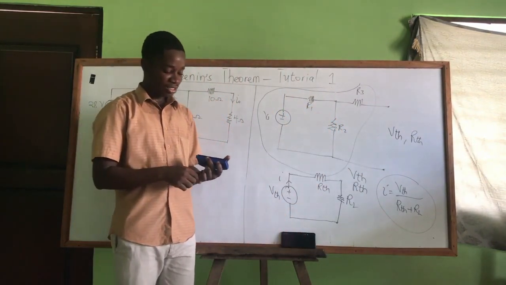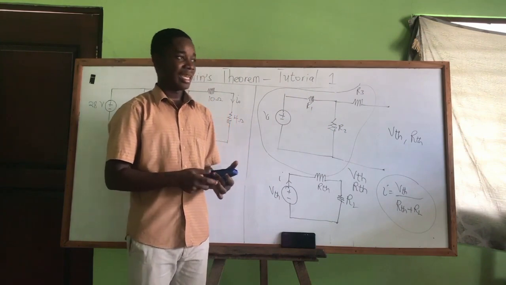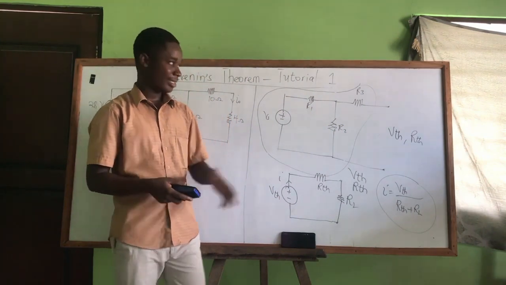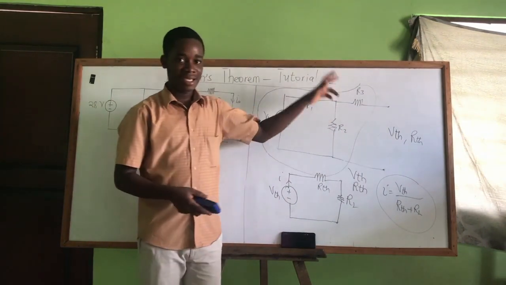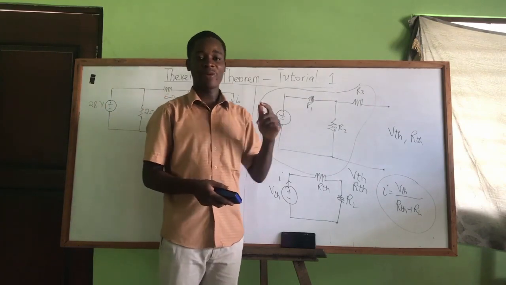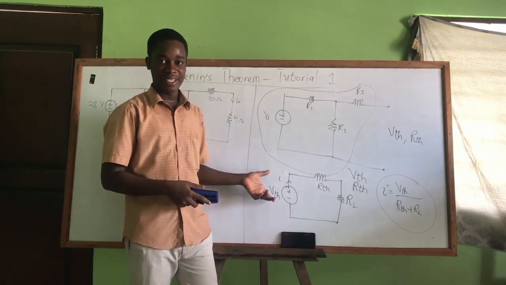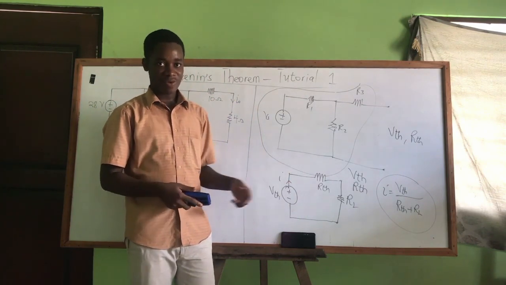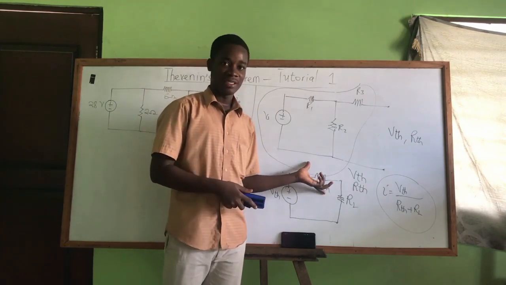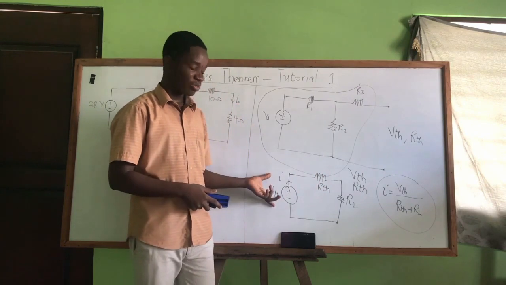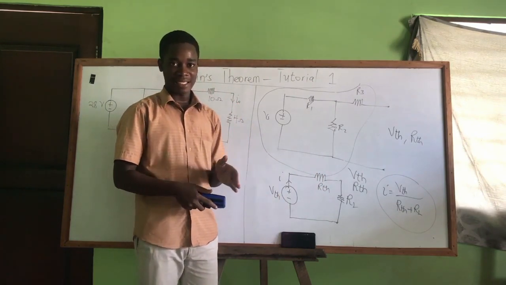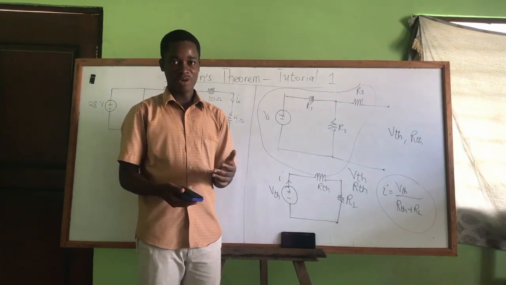Okay, so Thevenin's theorem just states that a linear two-terminal circuit can be replaced by an equivalent circuit which has a voltage source Vth in series with a resistor Rth, where the Vth is called an open circuit voltage. Why is it called an open circuit?